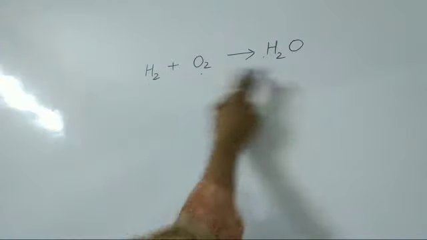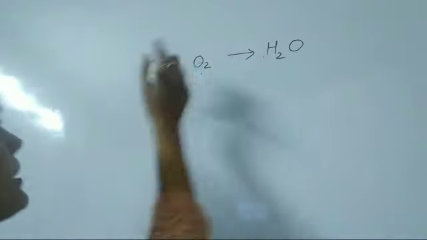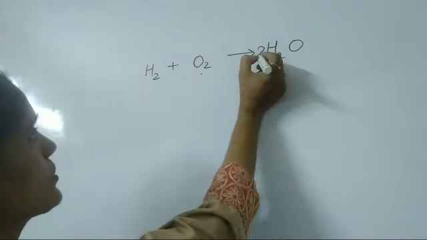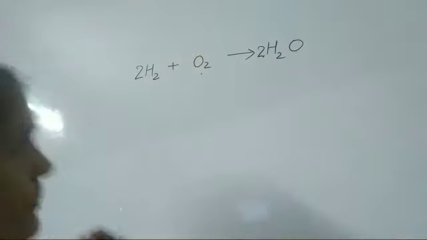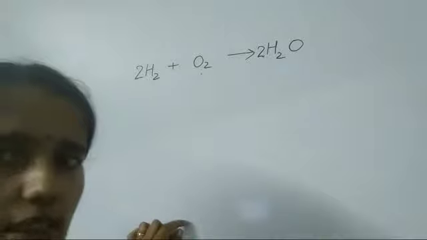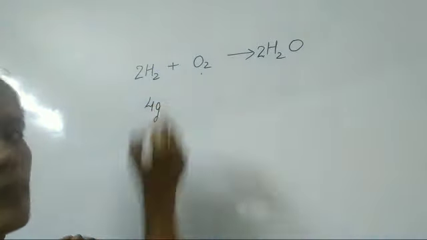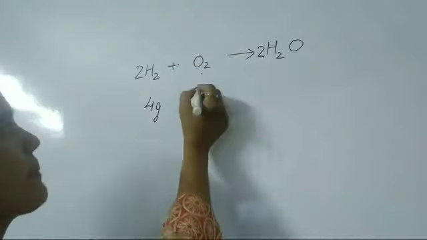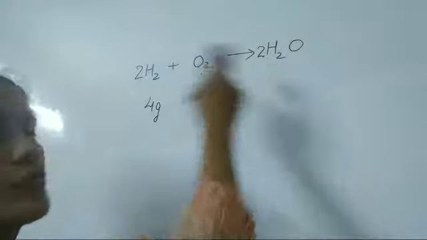Okay, so hydrogen combines with oxygen to form water. This equation should be balanced. So here it is 2, and again here it will be 2. Atomic mass of hydrogen is 1. Total 4 atoms are there. So 4 gram hydrogen combines with 32 gram of oxygen to form water.